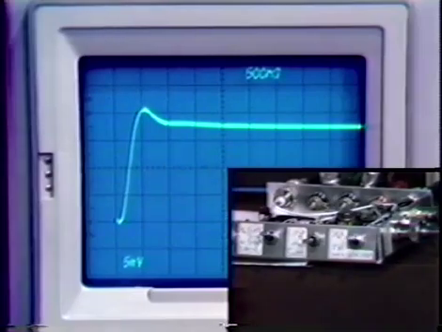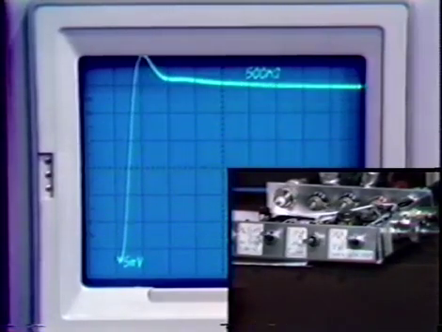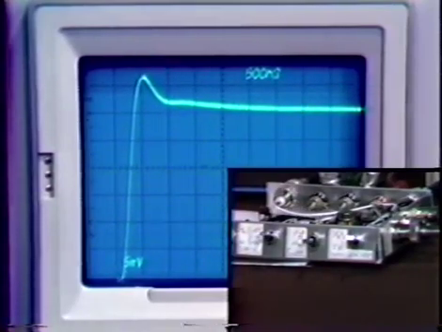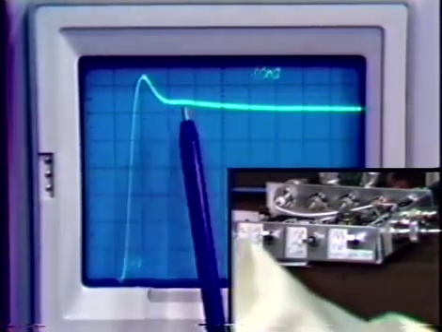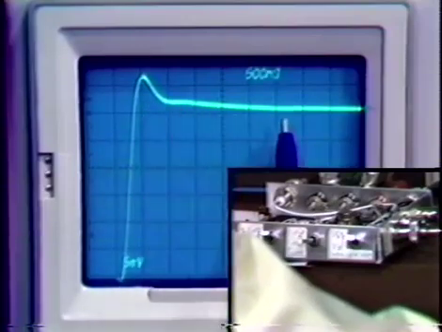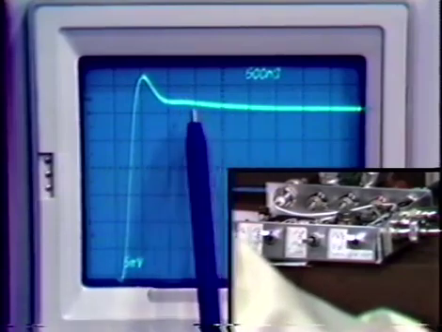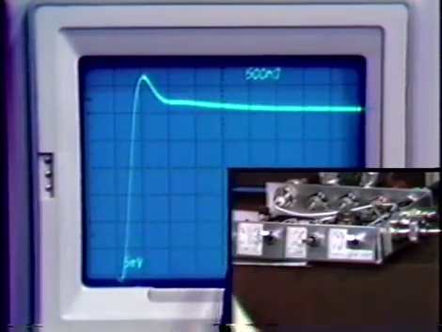Let me up the amplitude just a little bit and look at the final part of the response. We notice a fairly prolonged tail. The time constant associated with that tail is somewhere on the order of a microsecond.